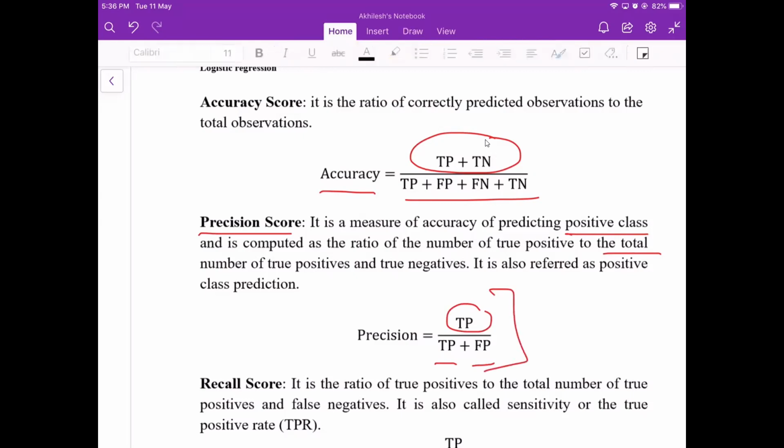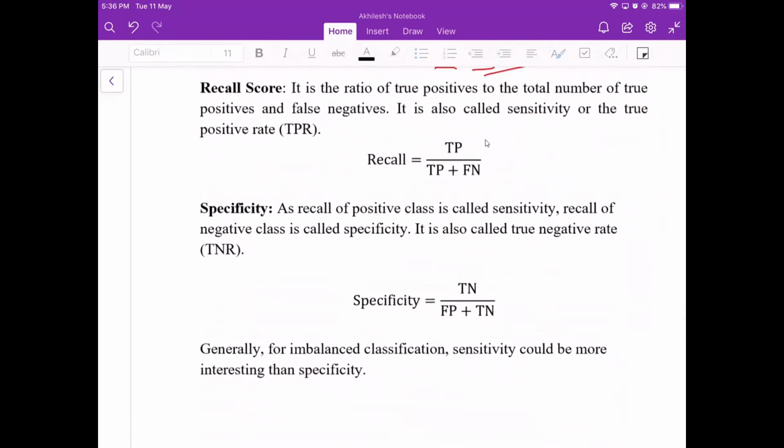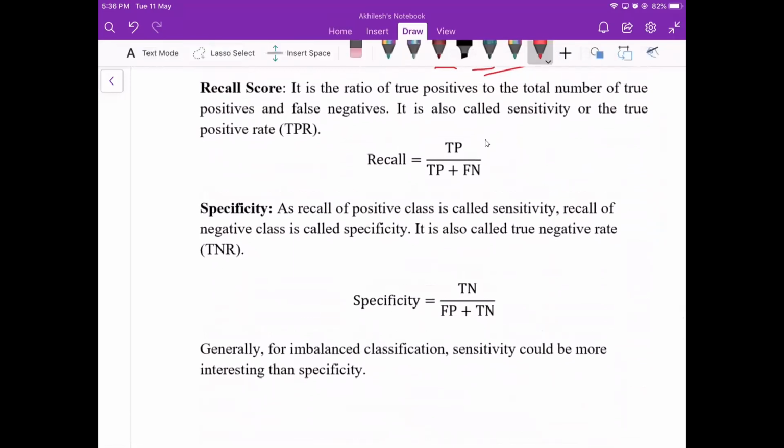The other one is the recall score, and the recall is equal to true positive divided by true positive plus false negative. It is also called the sensitivity, or the true positive rate. There is another metric, the specificity.